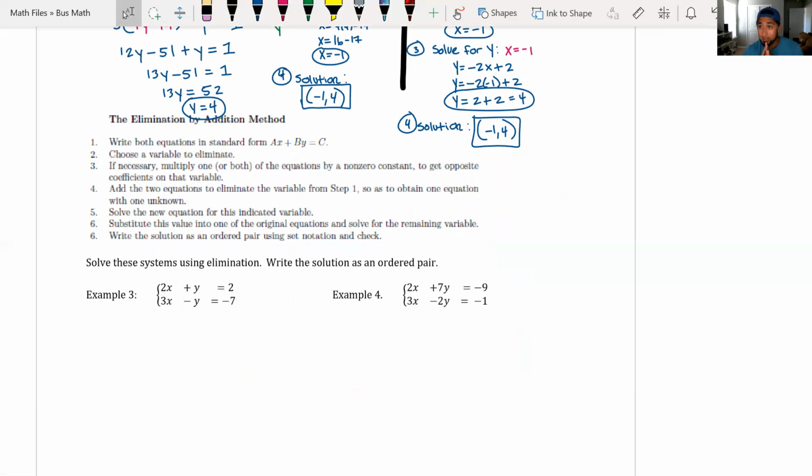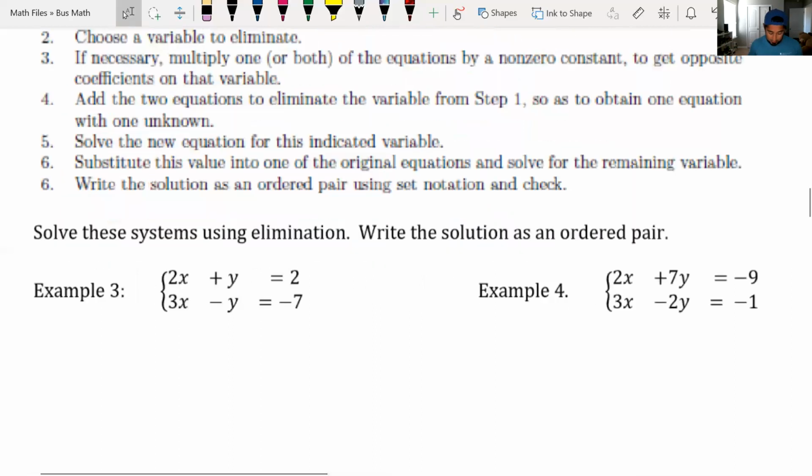And the way we do that is we can multiply either the first equation or the second equation, or we can multiply both equations by a certain number. We multiply by a multiple so we can get rid of that variable.